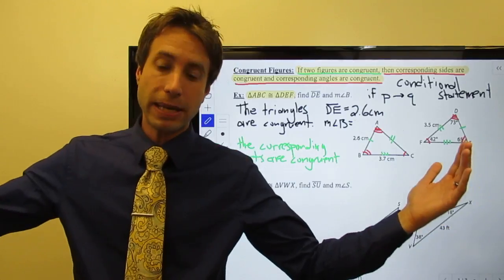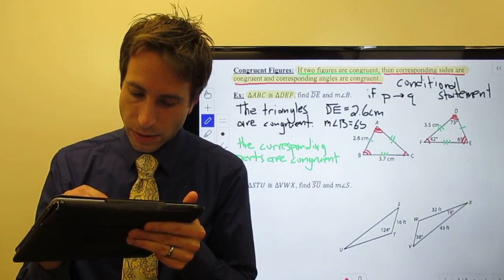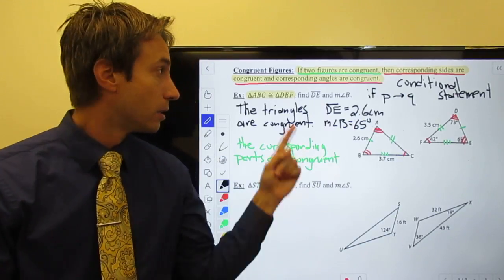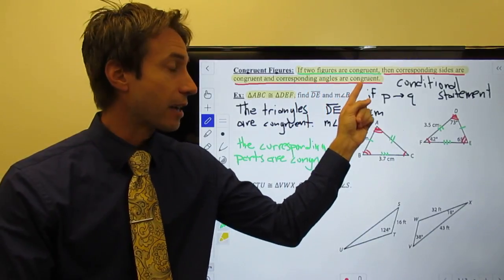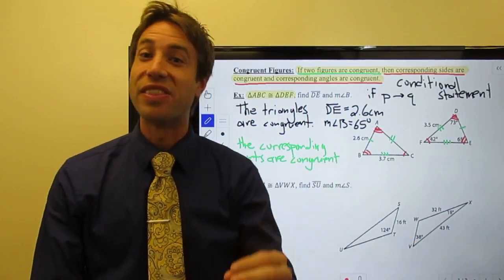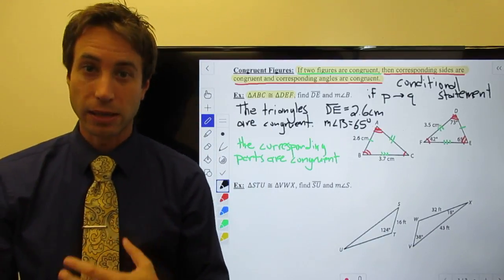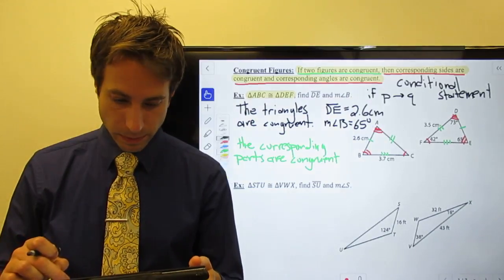So what does B have to be? B has to be 65 degrees. Why? Well, the triangles are congruent, and if the triangles are congruent, corresponding angles are congruent, right? Since these are corresponding angles, they must also be congruent. Just that simple, guys. Let's try another one.